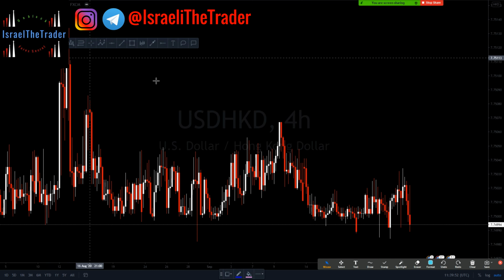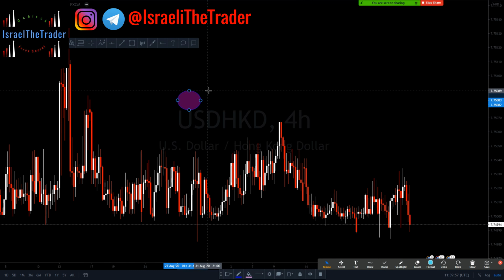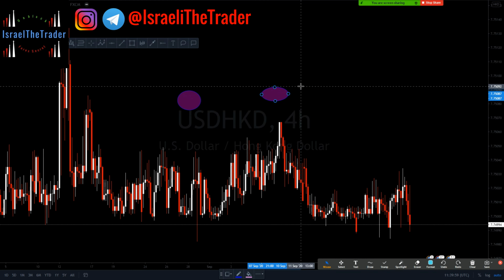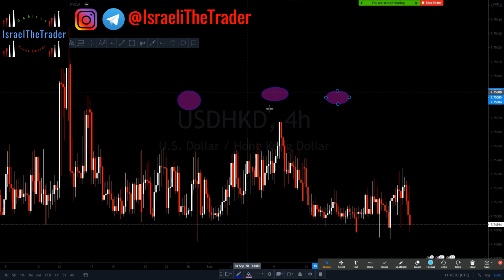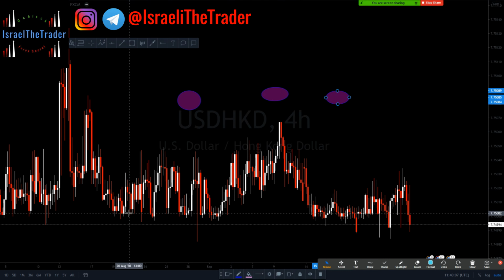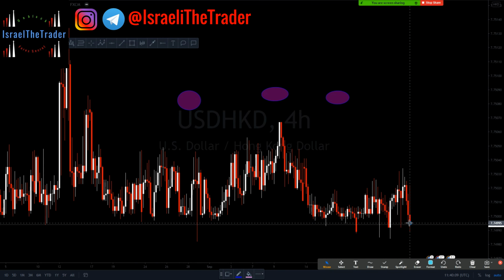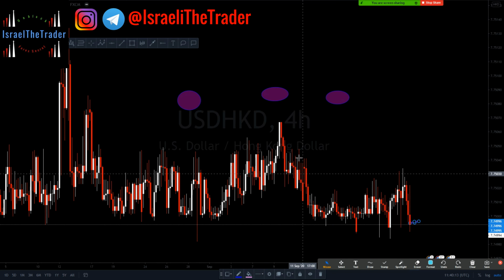The next one that we have is what we call the ellipse, right? I use the ellipse to spot a triple bottom, double bottom, triple top, double top, and things like that in the forex market. Let's say, for example, this is where the market came down and touched this level. You can put your ellipse right there.